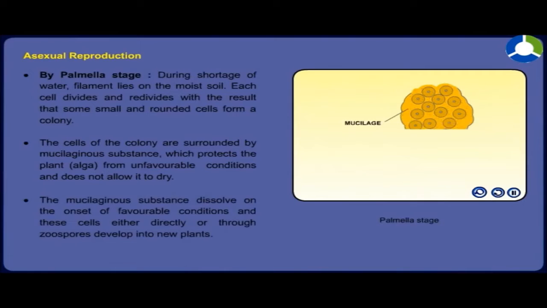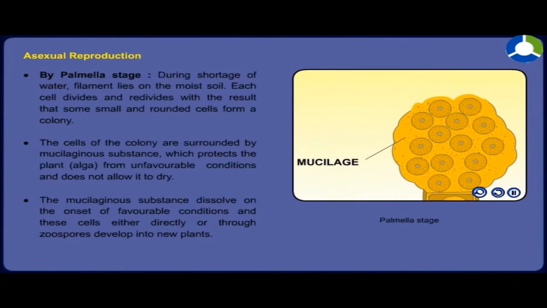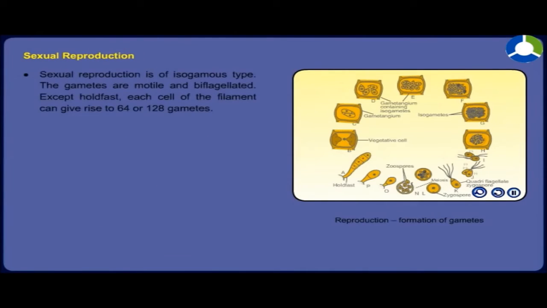The mucilaginous substance dissolves on the onset of favorable conditions, and these cells either directly or through zoospores develop into new plants. Sexual reproduction is of isogamous type.